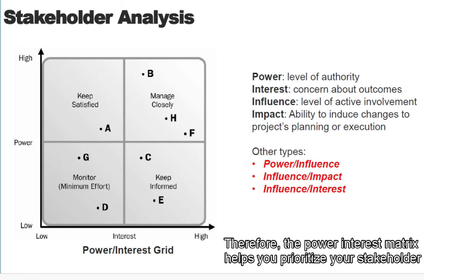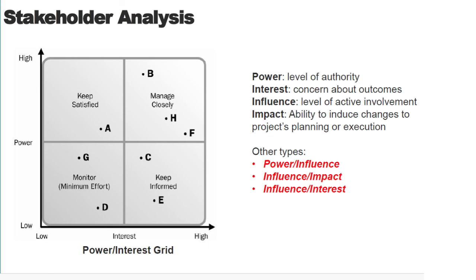Therefore, the power interest matrix helps you prioritize your stakeholder management efforts, ensuring you focus your resources where they matter most. It's a tool for making informed decisions, building strong relationships, and ultimately achieving project success.